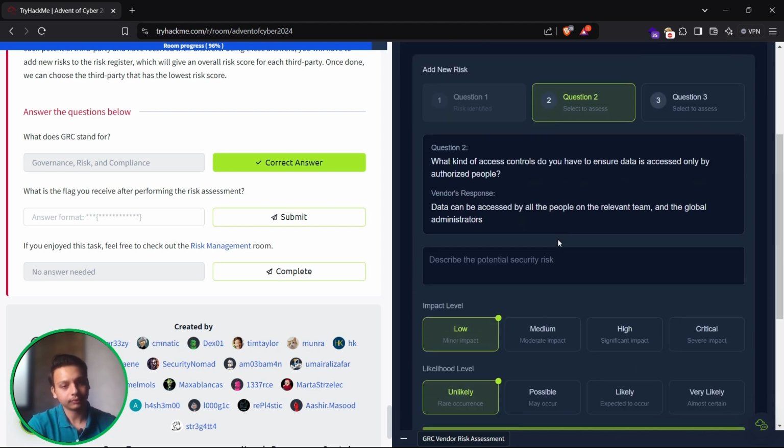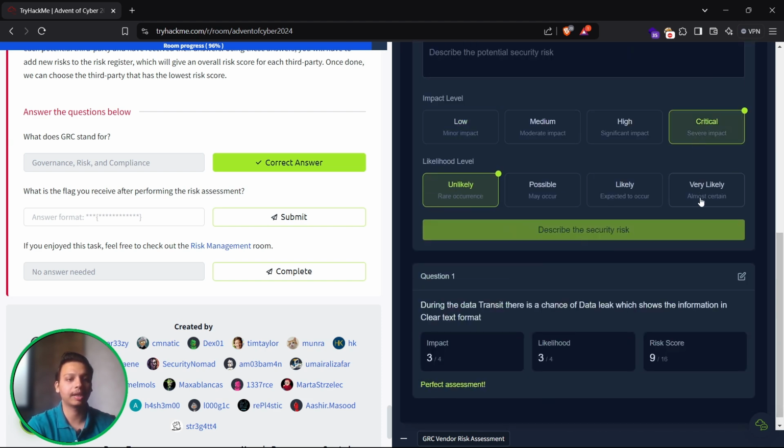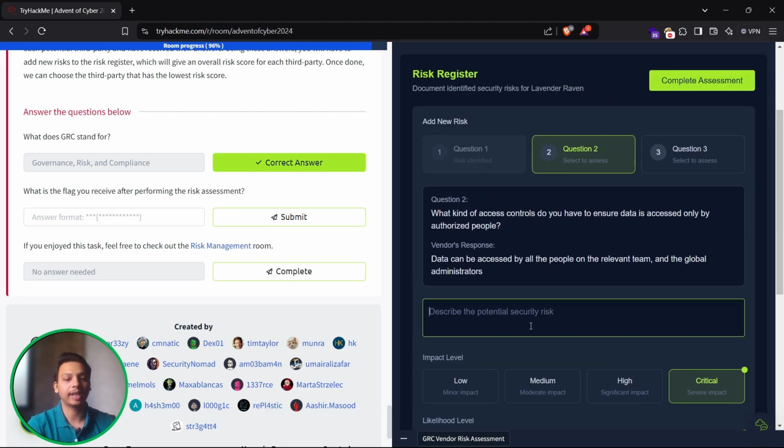Question 2, data can be accessed by all the people on the relevant team and the global administrator. So it is similar to what we have performed. So let me just directly add the question.